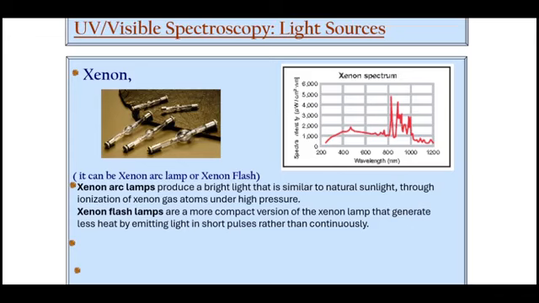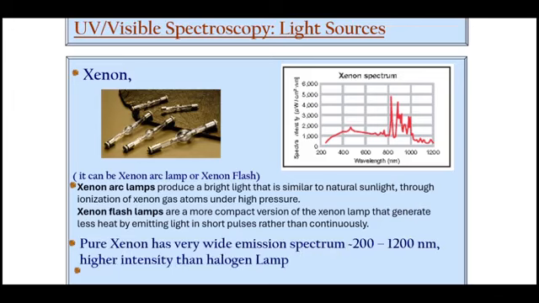The xenon arc lamp produces a bright light similar to natural sunlight through ionization of xenon gas atoms under high pressure. The xenon flash lamp is a more compact version that generates less heat by emitting light in short pulses rather than continuously.